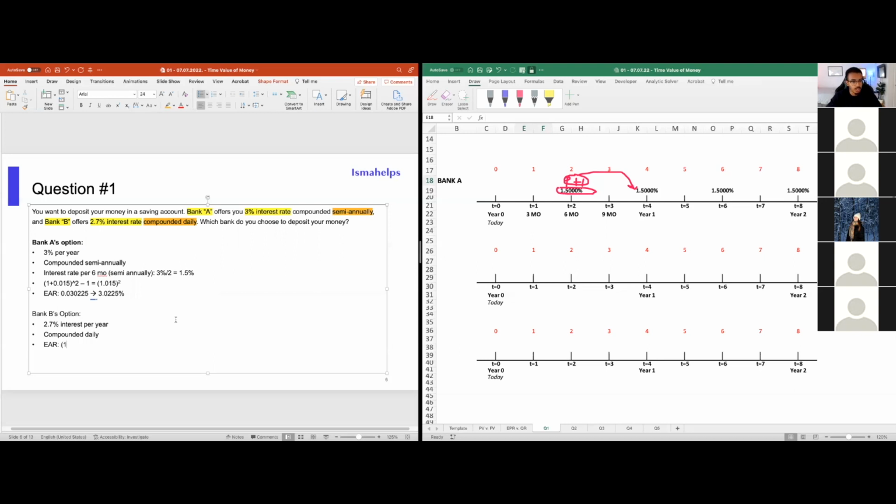So what you would do is 1 plus the rate divided by 365, to the power of 365. What would be your effective annual rate?